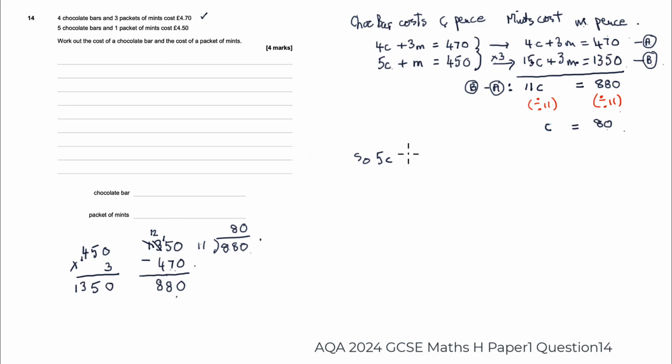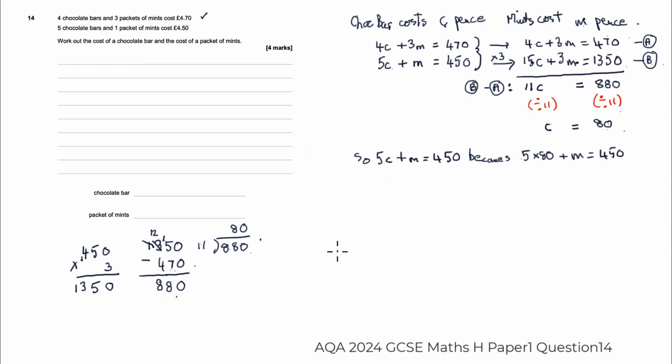Second equation, 5c plus m equals 450. Instead of having to write c, we now know that c is 80. So that becomes 5 times 80 instead of 5 times c, plus m equals 450.